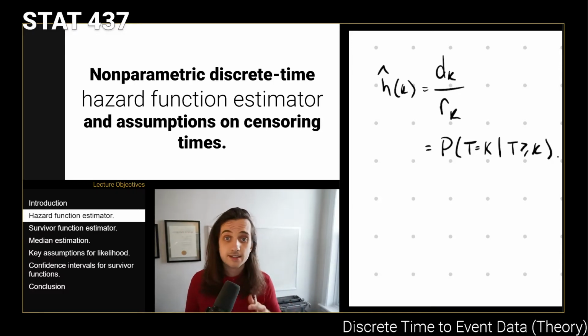This is a really intuitive, nice estimator. And you can show, for instance, that if you take the expected value, this is going to give you the correct value. But there's a few things to point out with it. To motivate this, what happens if someone has an event that occurs right at the moment that they get censored?